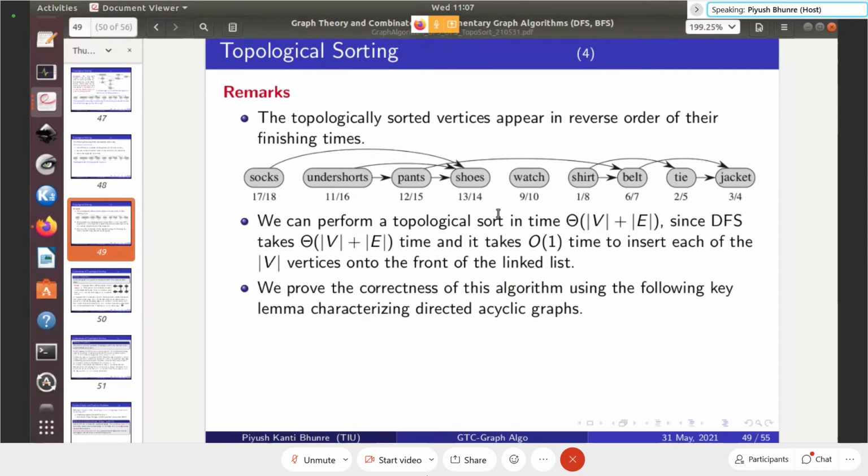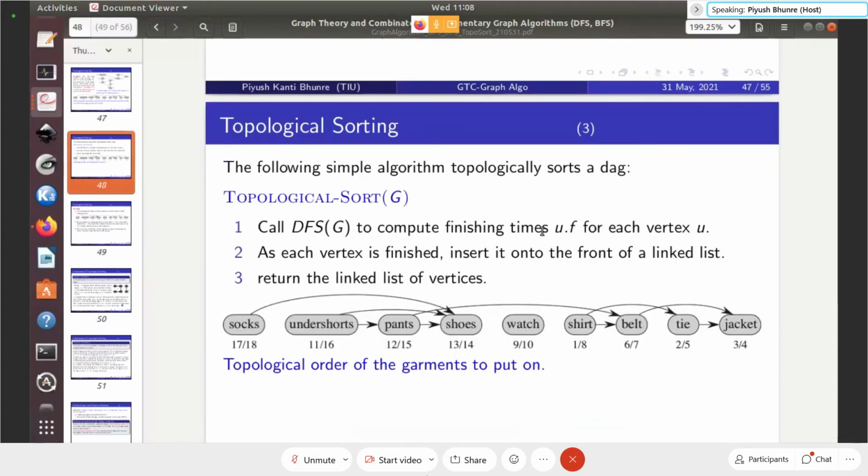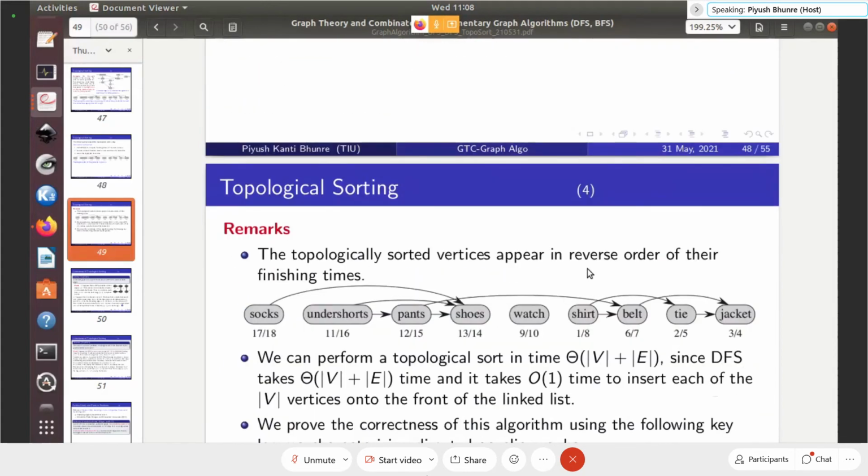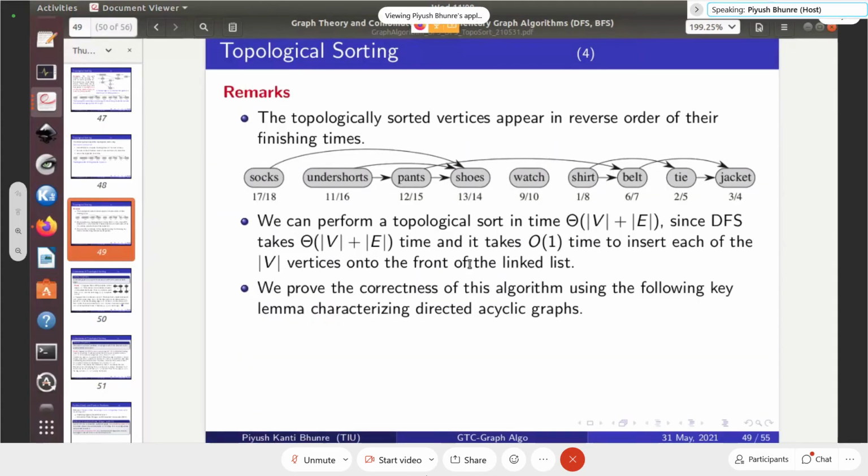this algorithm entirely depends on the DFS algorithm. DFS runs in linear time in the number of vertices and number of edges. So the first line, the DFS, takes linear time in the number of edges and vertices. Again, when you construct the sorted order, you insert into the linked list, right?